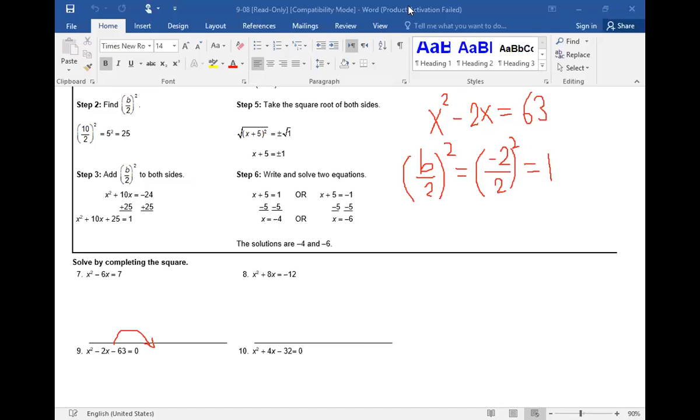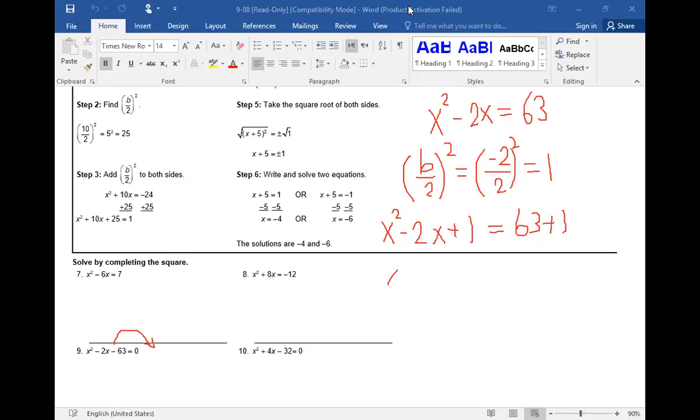Now we have x to the power of 2 minus 2x plus 1, and on the other side it will be 63 plus 1.